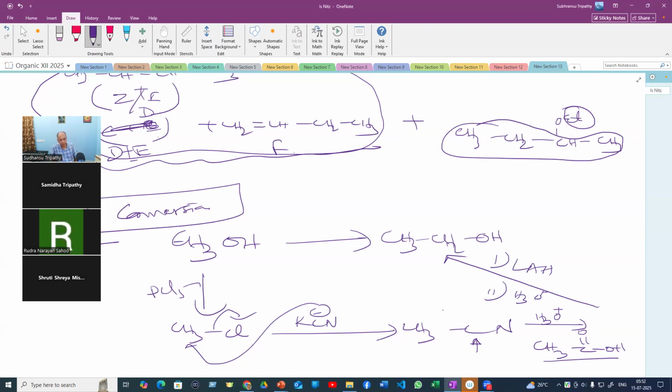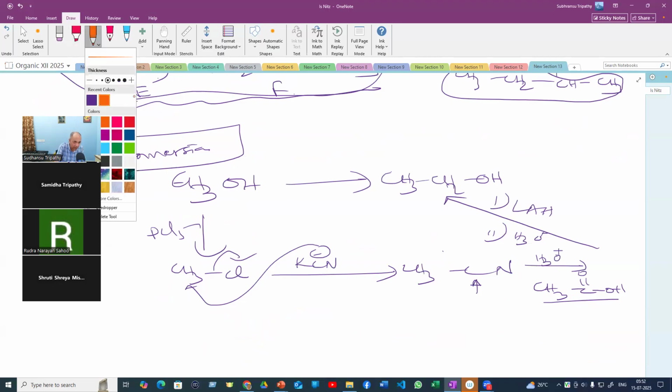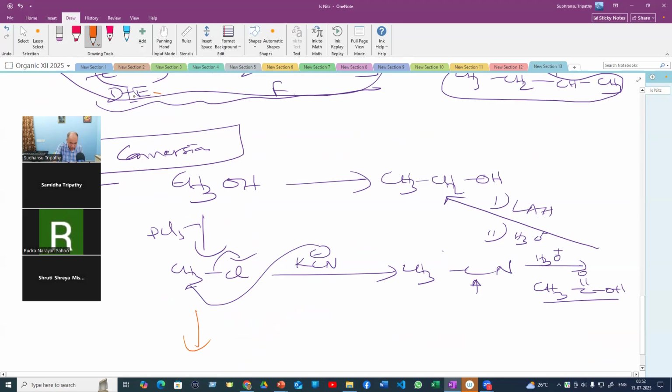Got it? But we have another method, particularly to make the carbon atoms doubled. One to two, two to four, three to six, this will happen easily: Wurtz coupling, Wurtz reaction. So here we could have chosen sodium ether to get ethane.